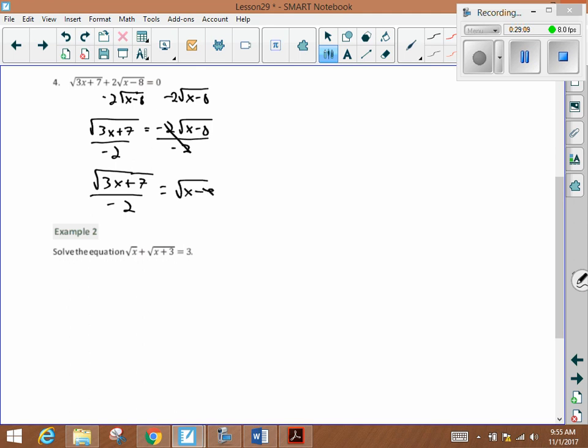Now I have radicals on both sides. It's time to square both sides. I'm going to go ahead and write that next step up over here. So that's going to be the square root of 3x plus 7 divided by negative 2 squared equals, and when I square that square root of x minus 8, I just get x minus 8.